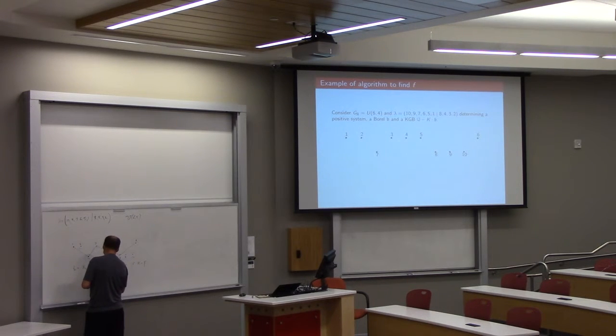And I'll just say delta L is equal to the span of the simple compact roots. Right? That's simple, that's simple, and compact. Well, there's nothing.